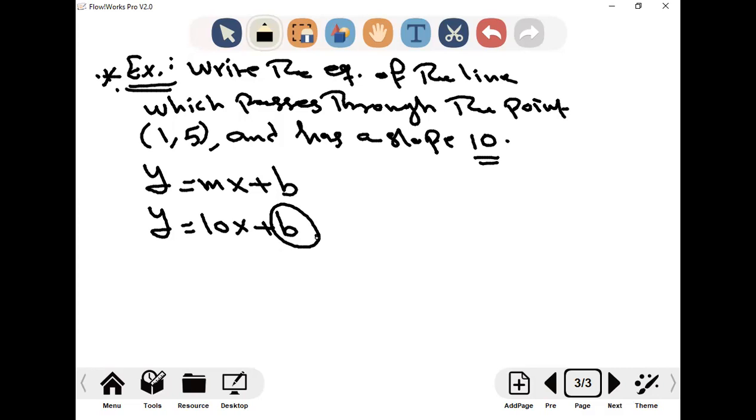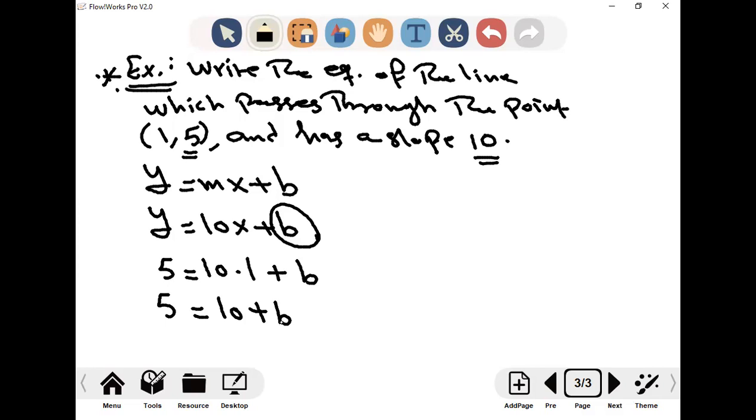Means if you put x, which is 1, the answer should be 5 for y, right? So I will replace y by 5 and x by 1. 5 equals 10 multiplied by 1, 10 plus b, right?